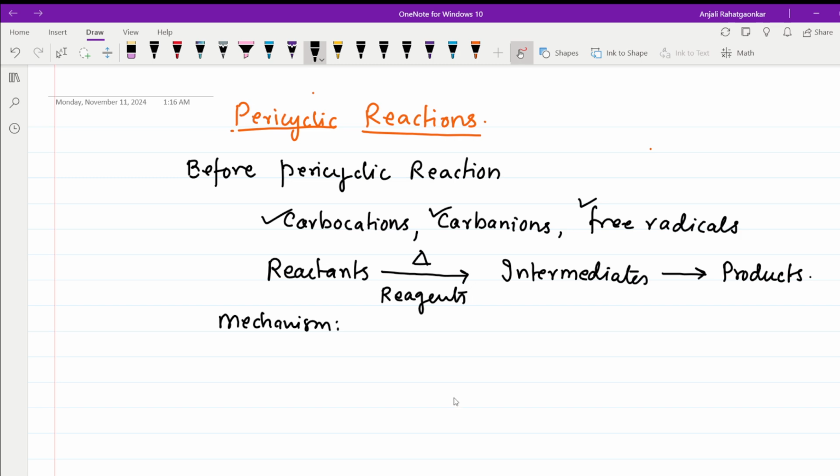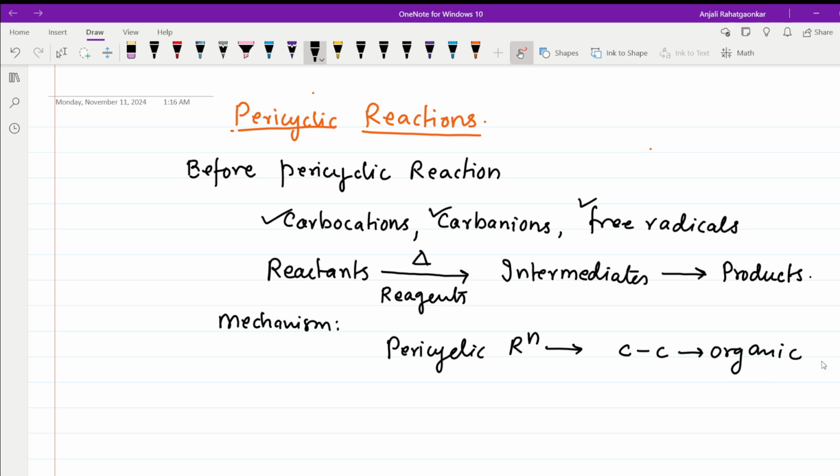So what is the strategy of a pericyclic reaction? Of course it is an organic reaction. Why is it an organic reaction? Because pericyclic reactions also help in the formation of carbon-carbon bonds. Whenever a reaction forms a carbon-carbon bond, it can be an organic reaction, so it has very significant value in organic synthesis.